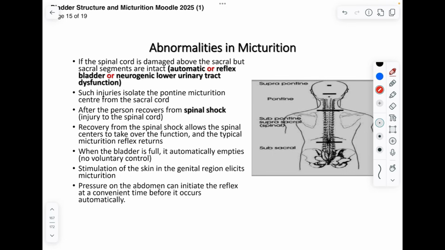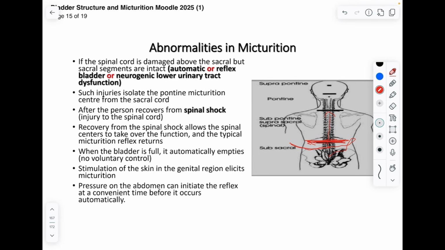Now, another problem that might happen is what if we cut the spinal segment from here? You remember, guys, we had the sensory fibers going to the spinal cord, and then the spinal cord is sending it back to the bladder. And another pathway is going up towards the brain.